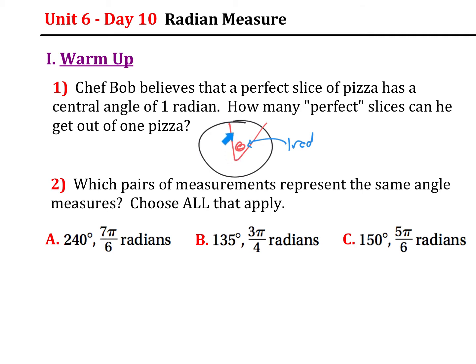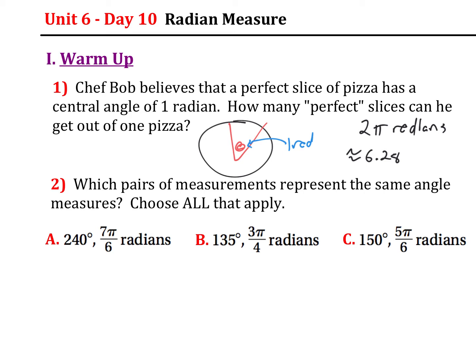Well, as I'm going around, I know that there are 2 pi radians in 360 degrees, so that's a full circle. 2 pi radians is about 6.28 if I typed in pi to my calculator.